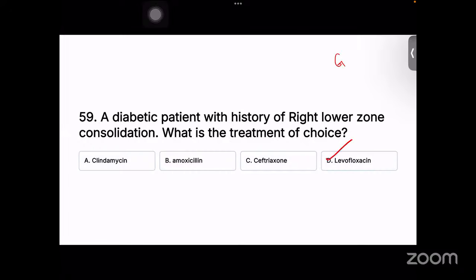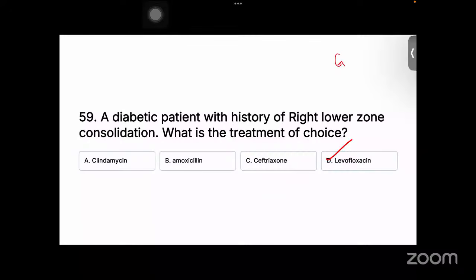Many people ask me, why don't you go for amoxicillin, which is good for strep pneumoniae, or clindamycin for typical community acquired pneumonia? Why go for levofloxacin?